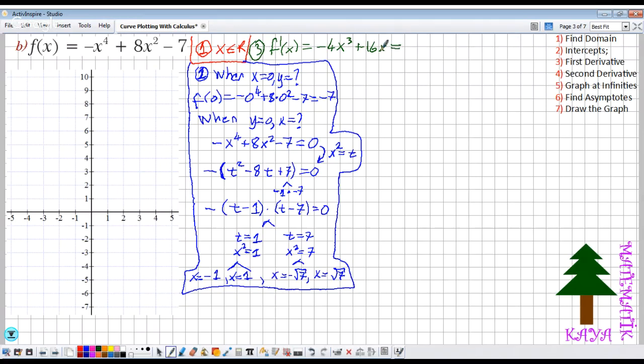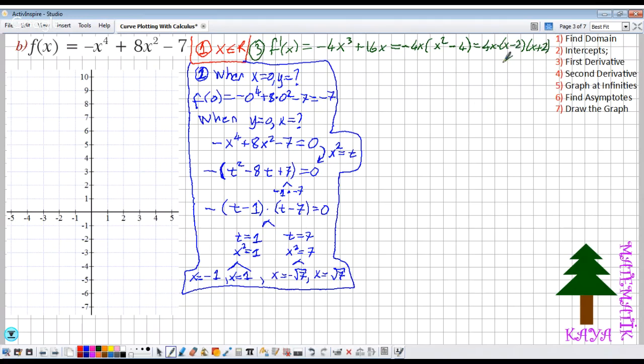Here you can factor out minus 4x. If you put minus 4x out of parentheses, what remains inside is x squared minus 4, since minus 4 times minus 4 makes plus 16. We can factorize x squared minus 4 one more time, which is x squared minus 2 squared, like x minus 2 and x plus 2.